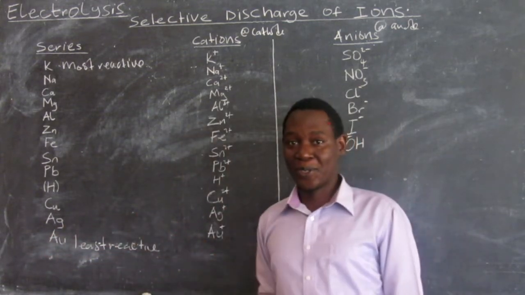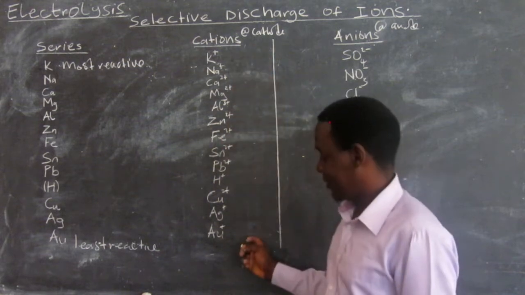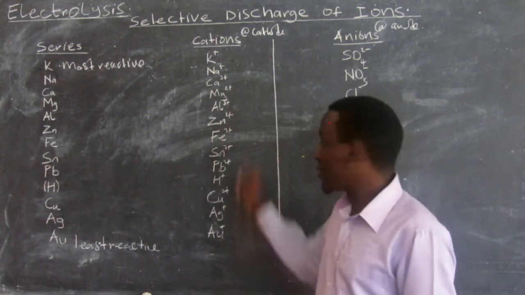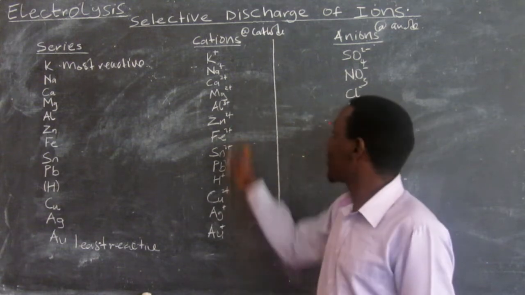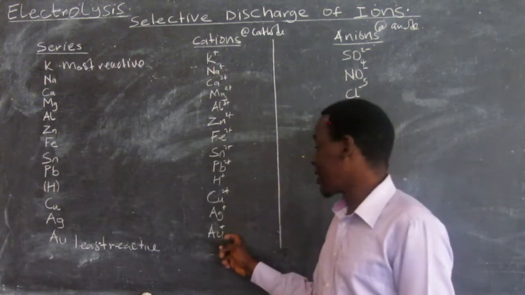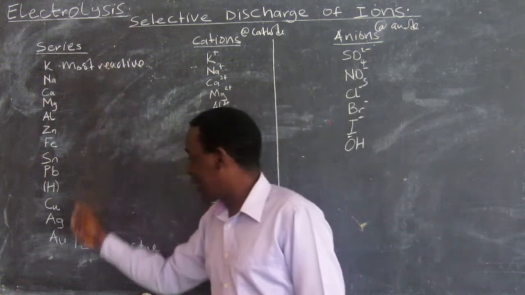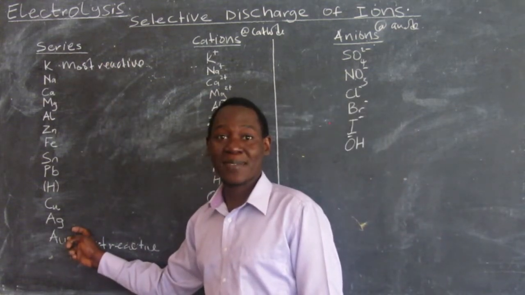Therefore, we conclude that as you move down on the side of the cations, the more reactive the ions are, whereas as you move down on the side of atoms, the less reactive the atoms are.